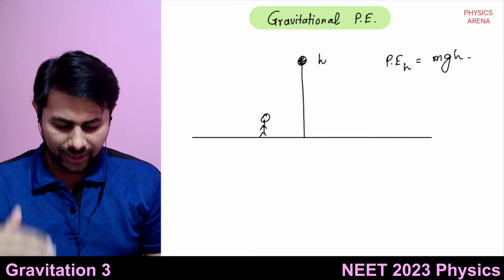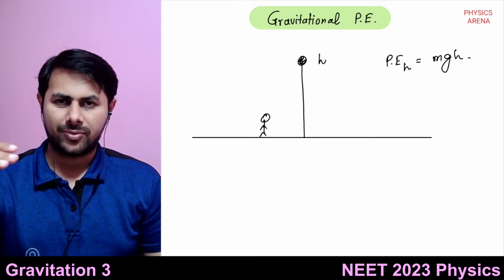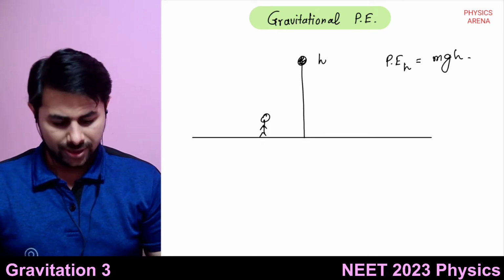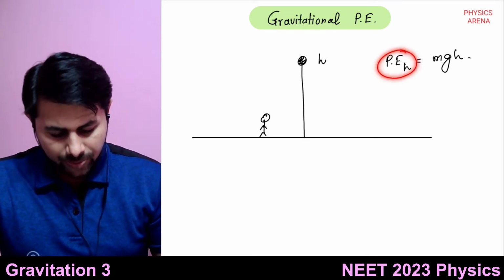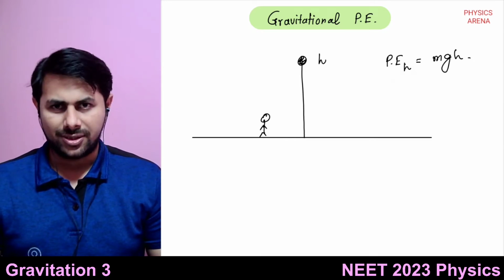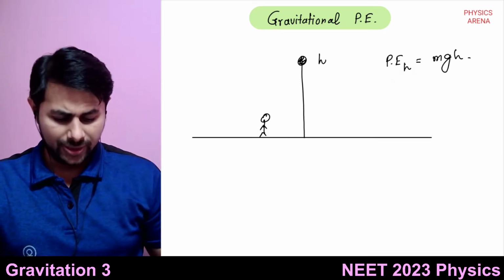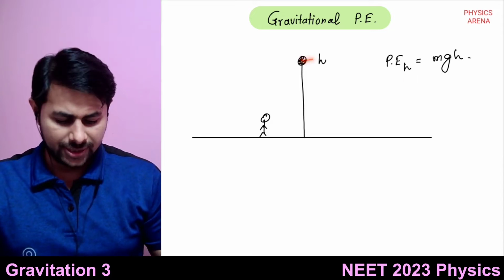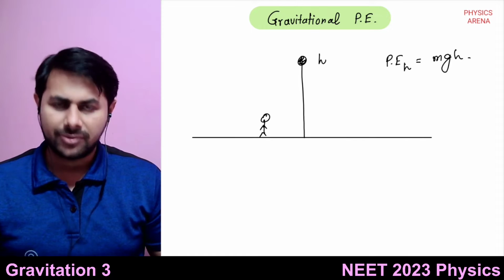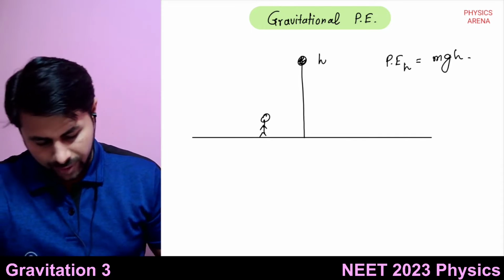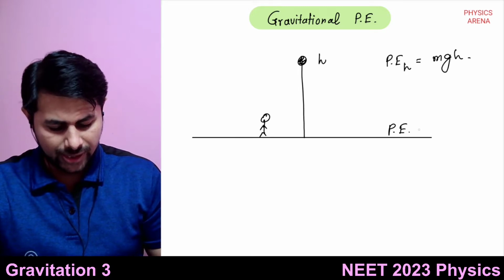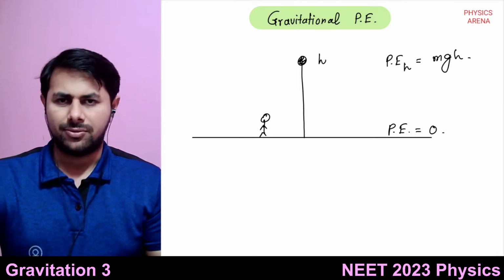As the ball goes away from Earth's surface, its gravitational potential energy increases. At height h it is equal to mgh. So when h is equal to 0, what will be the value of potential energy? It is equal to 0.